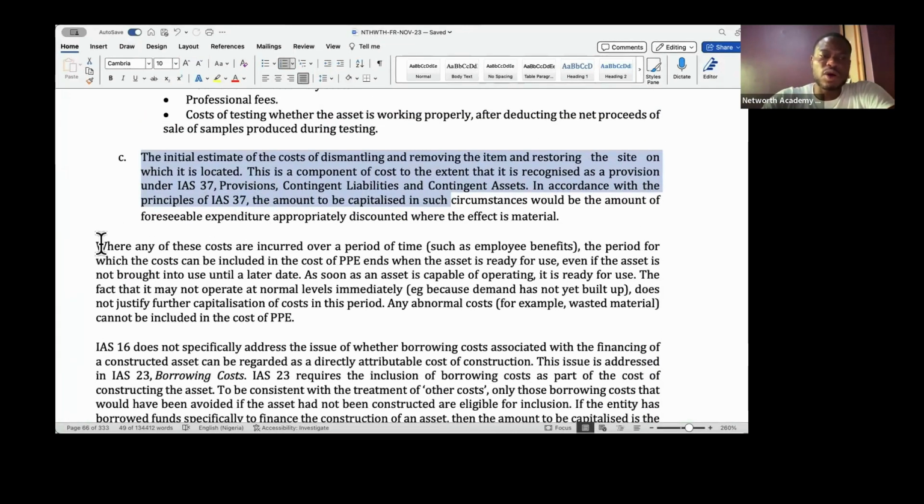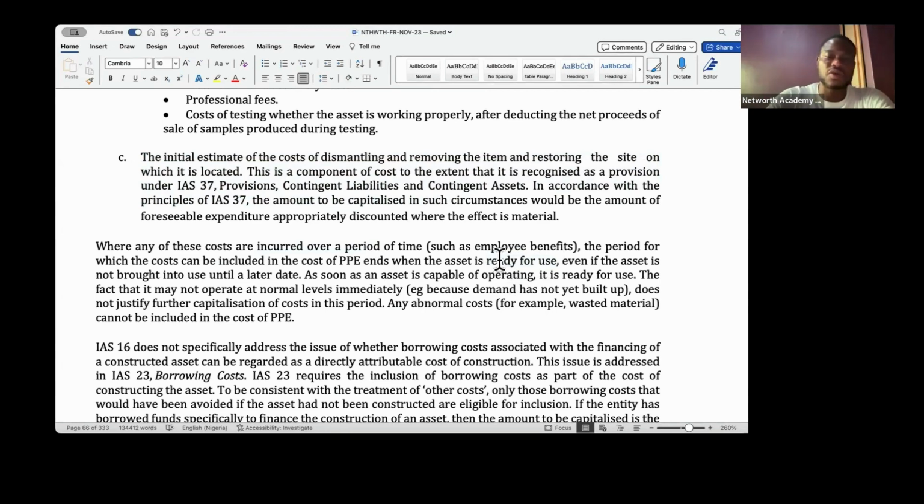Now, fundamentally, what becomes cost of an asset are the costs that get the asset ready for use. Where a particular cost is incurred over a period of time, as soon as the asset is ready for use, any cost incurred after the asset is ready for use should be expensed.